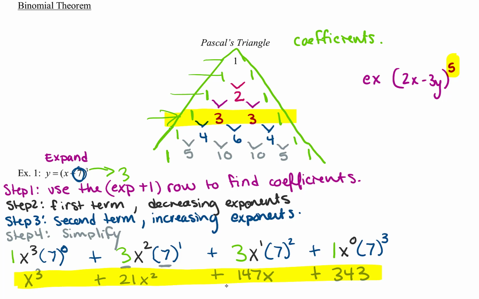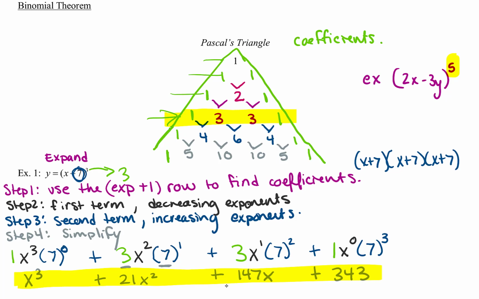It's the same thing that I would get if I expanded x plus 7 times x plus 7 times x plus 7. Which you might be wondering, well, why didn't you just expand that? FOIL the first two and then multiply it by the last parentheses. We definitely could do that if the exponent is a 3.